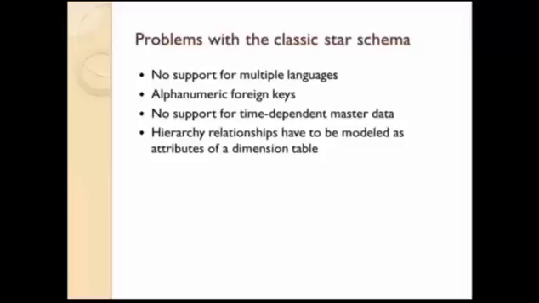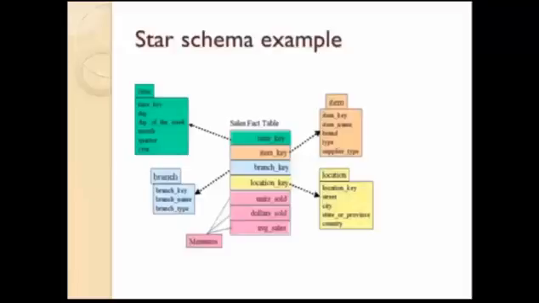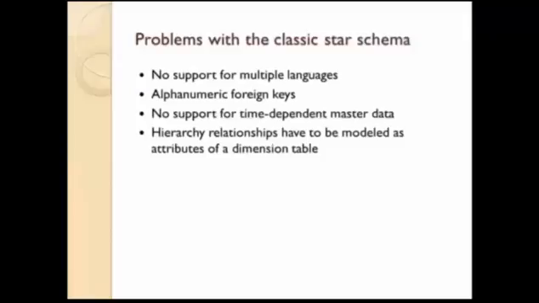So basically, if we go back to the previous example, if the location key is XYZ123 as a location ID, then that is going to be duplicated in the fact table as well. So whatever alphanumeric keys that we use will be duplicated in the fact table.